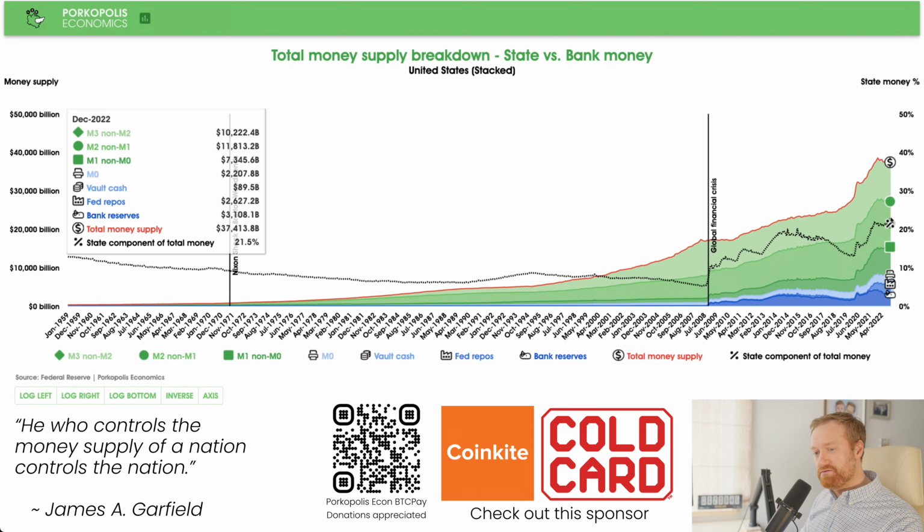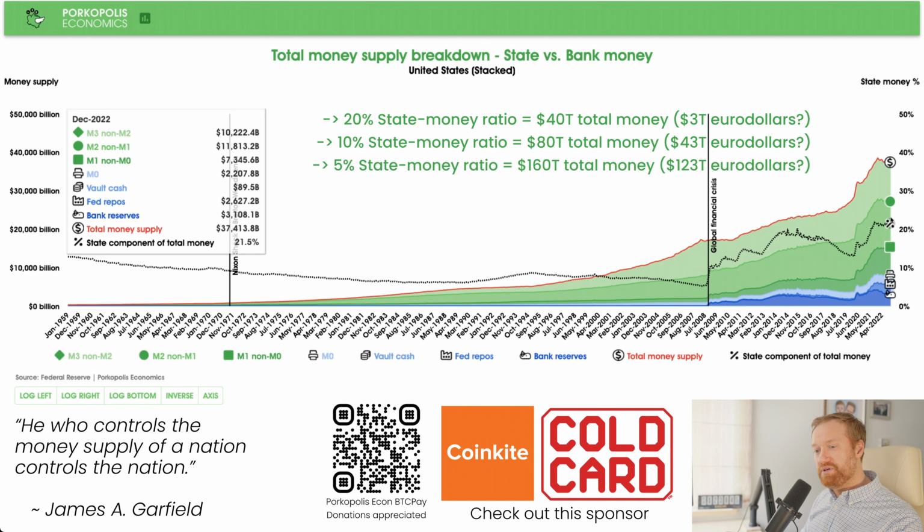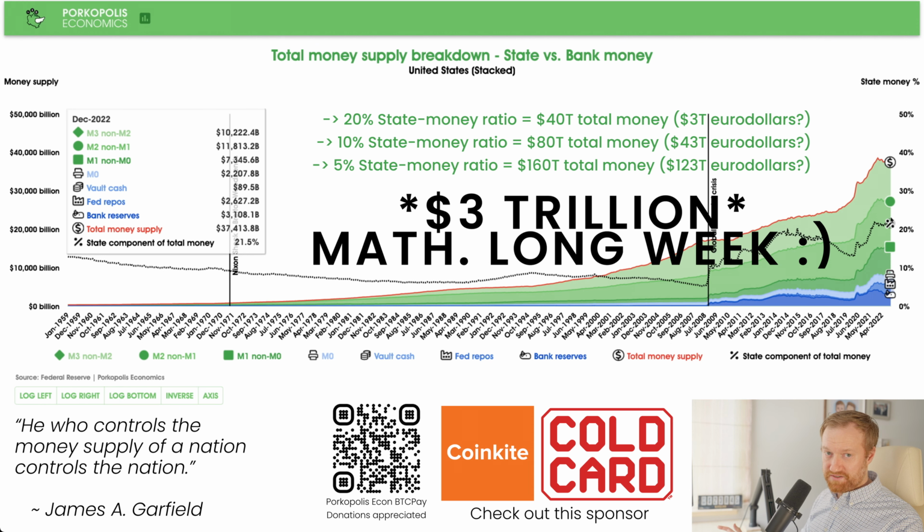So if we fall to a state component ratio of 20%, that would mean $40 trillion in total money, i.e. what's the difference between what I've recorded and the total? $7 trillion. So that would mean $7 trillion more dollars to fill the gap for Eurodollars at a 20% ratio of state to total money.